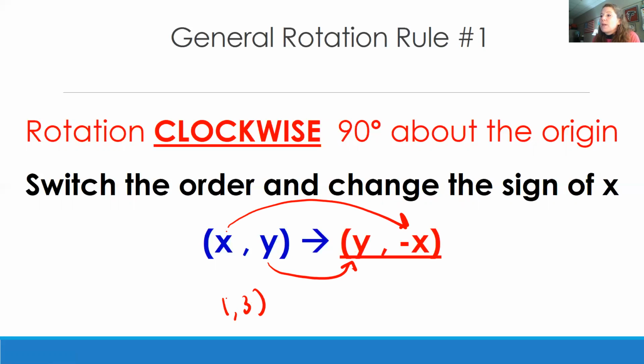When I turn this figure around the origin 90 degrees clockwise, that x is going to move to the back and become the opposite, and the y is going to come to the front and stay the same number. Okay, so that's one of the rules we need to know.